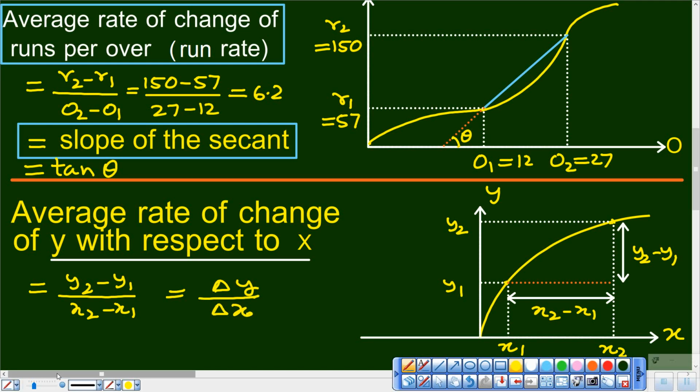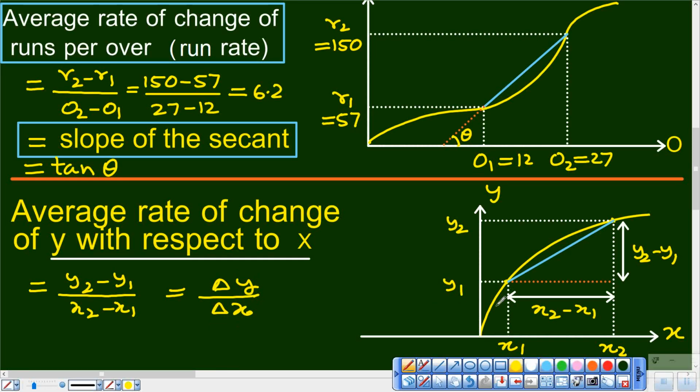What is this equivalent to geometrically? Can't you see from the earlier discussion that if I join these two points, this is the secant? Isn't it the slope of the secant? So the average rate of change of y with respect to x is the slope of the secant.